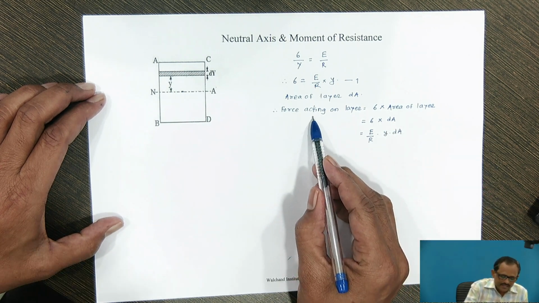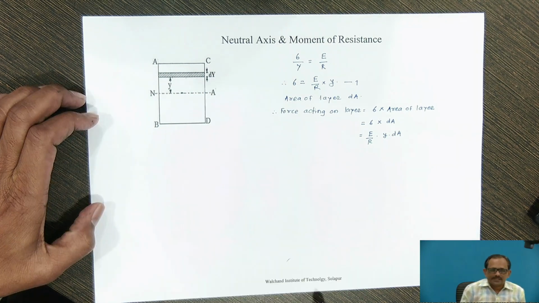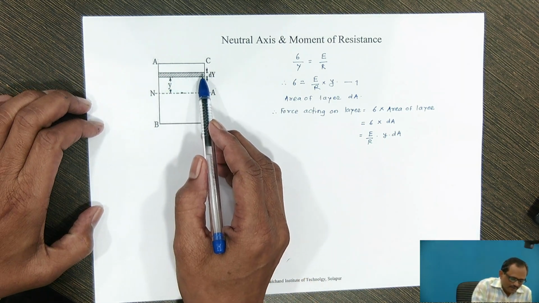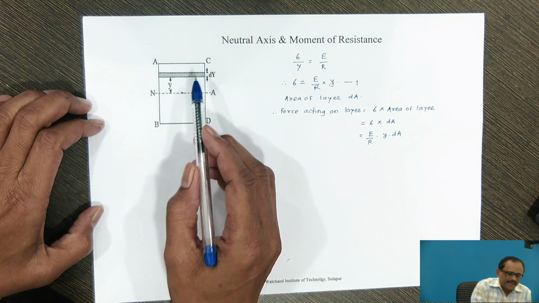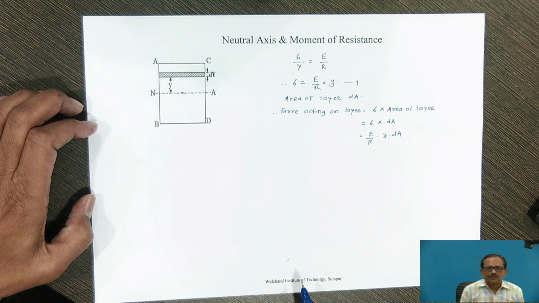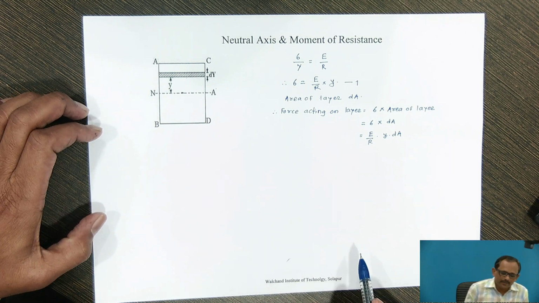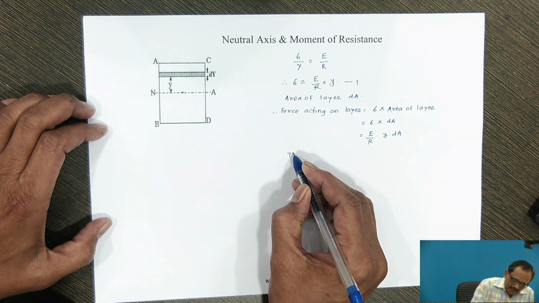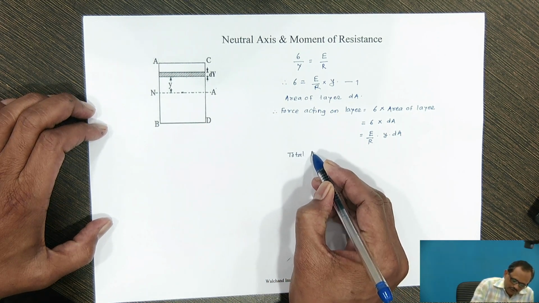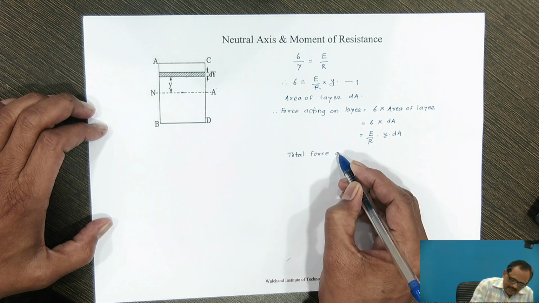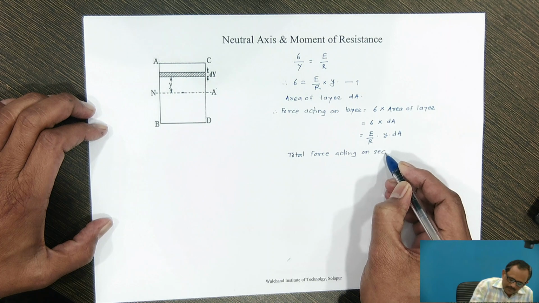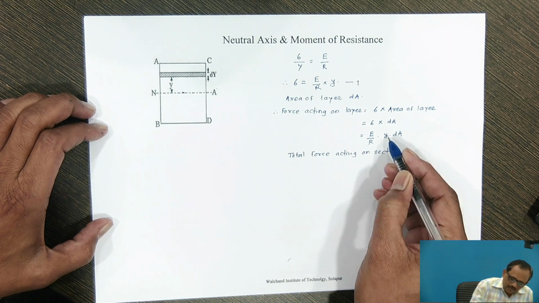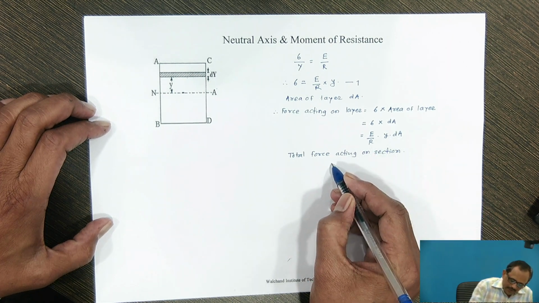So, this is the force acting on this particular layer. The section of the beam consists of such a number of infinite elemental layers. Therefore, the total force acting on the section of the beam is obtained by integrating the above equation.